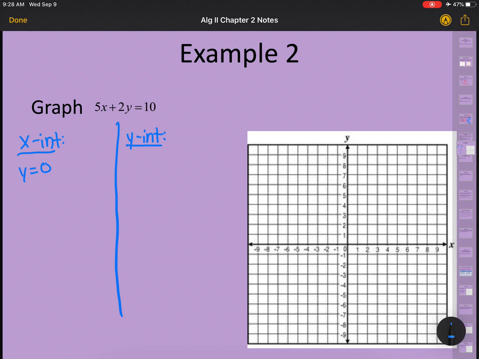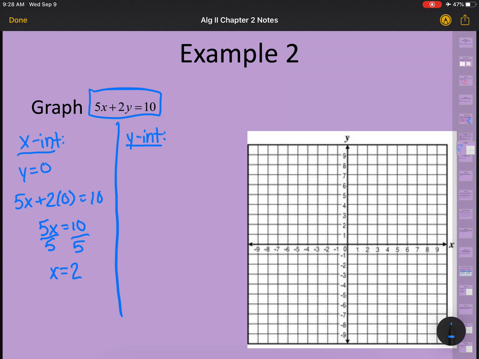So 5x stays the same. I'm plugging 0 in for y from my original equation, still equals 10. 2 times 0, that's 0, so it goes away. So I'm left with 5x equals 10. And to get x, I just need to divide. So x here will be 2.